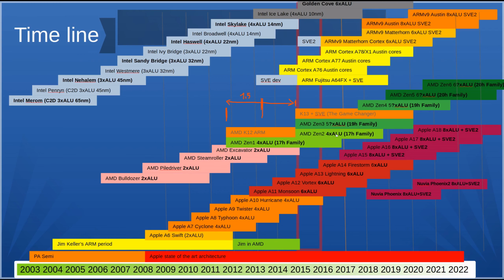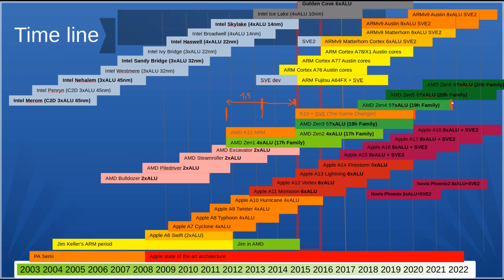So actually we can expect Zen 3 as a new major redesign, which will be available in 2020, late 2020, and Zen 4 as a major uplift 1 year or 1.5 years after.